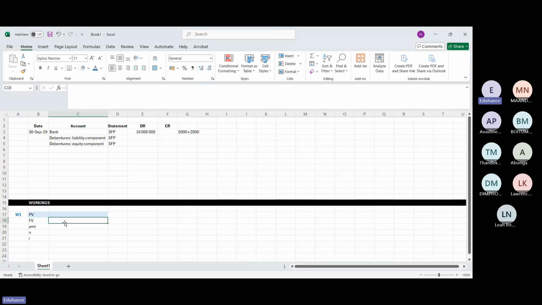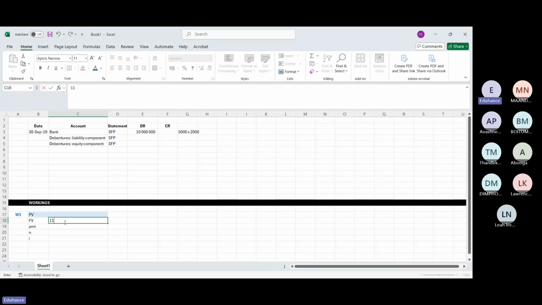So the future value is the lump sum payment at the end. If the holders do not convert into equity instruments, then we will pay them back at the nominal value.